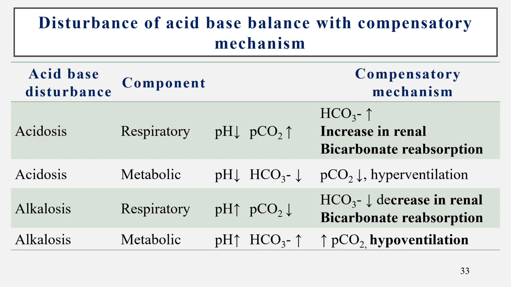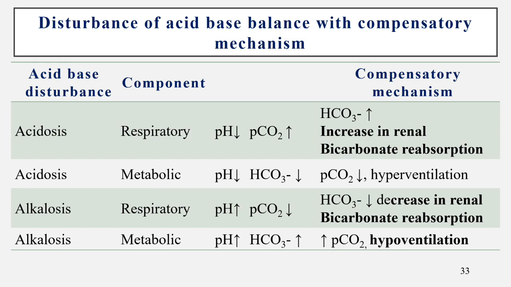Next is metabolic acidosis. Primary changes are decreased pH and decreased bicarbonate. Metabolic acidosis is compensated by decreased partial carbon dioxide, which leads to hyperventilation. Then respiratory alkalosis is increased pH and decreased partial carbon dioxide, compensated by decreased renal bicarbonate reabsorption.